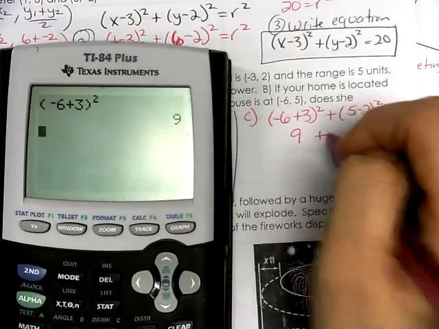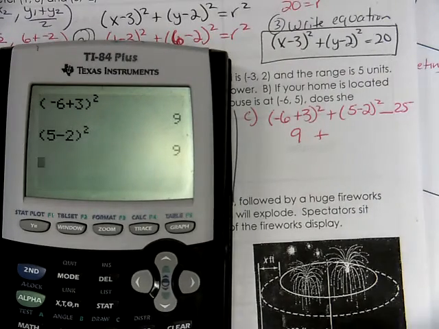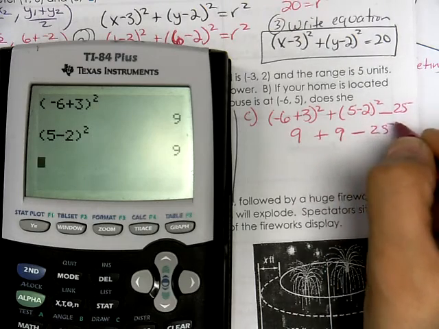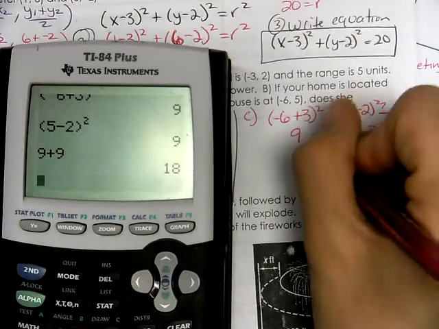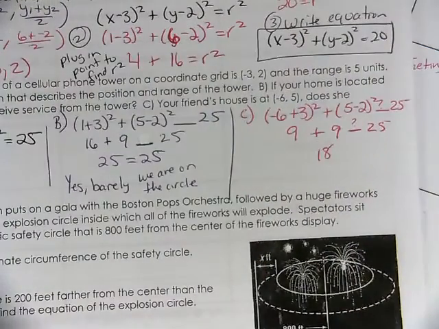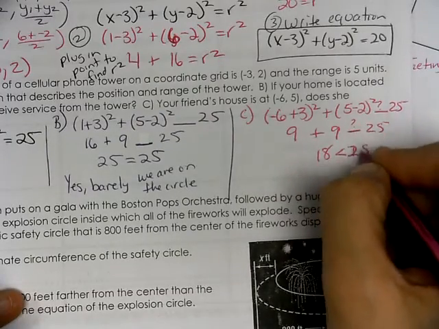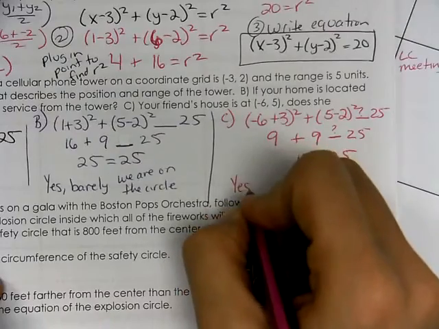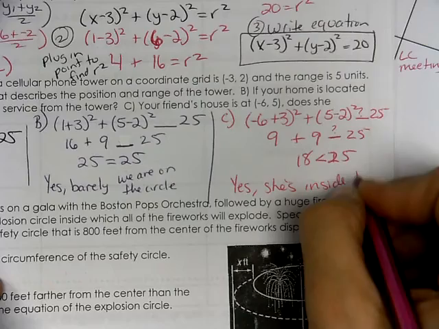So 9 plus 9, so 18. Because 18 is less than 25, right? She gets service. She's inside the circle.